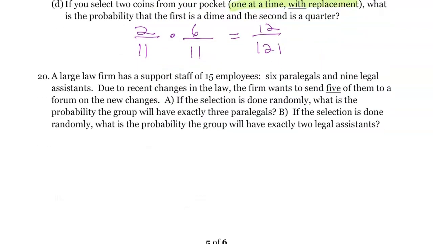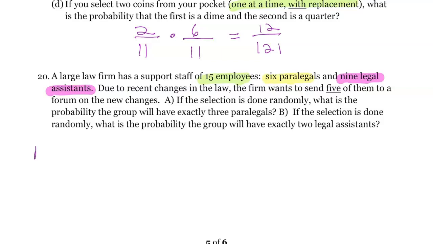Okay, next thing. A large law firm has a support staff of, okay, so here we go. There's 15 employees. And here's the breakdown. 6 paralegals and 9 legal assistants. Due to recent changes in the law, the firm wants to send 5 of them to a forum on the new changes.